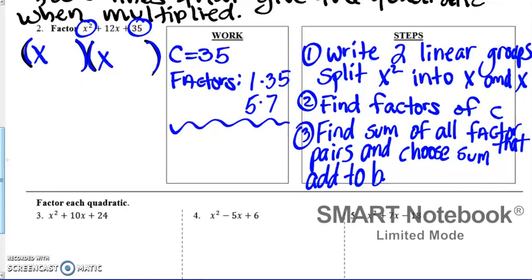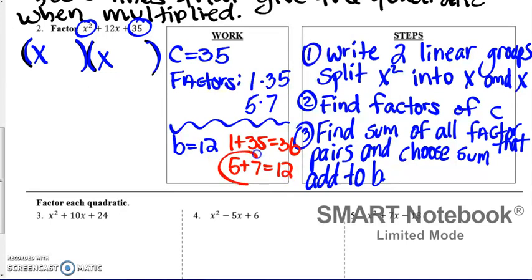And so in other words, if I have a B term that is 12, I need to figure out what my factors add up to. 1 plus 35 is 36. And then 5 plus 7 equals 12. That means that I want to use the factors of 5 and 7 as part of my lines.